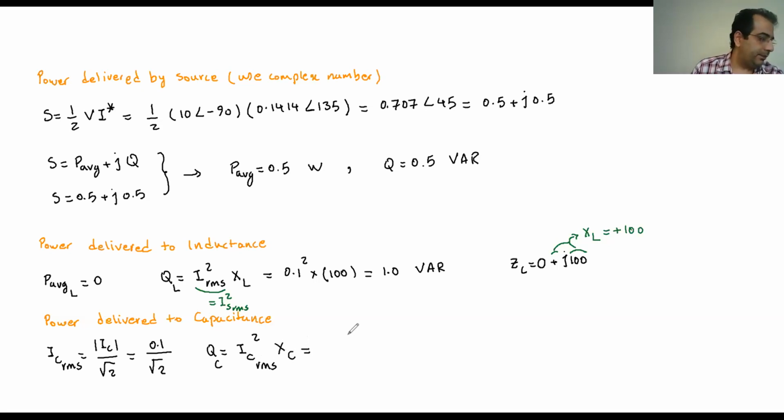And so we know that's going to be 0.1 over the root of 2, to the power of 2, and the XC is going to be negative 100. I'm going to show you why. And then we are going to have the negative 0.5.